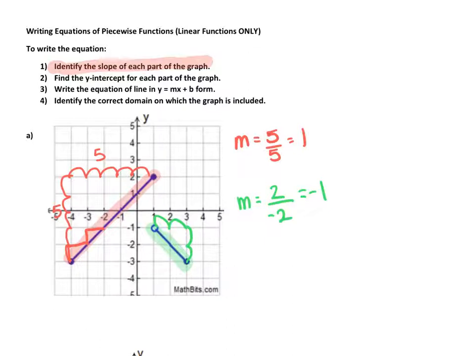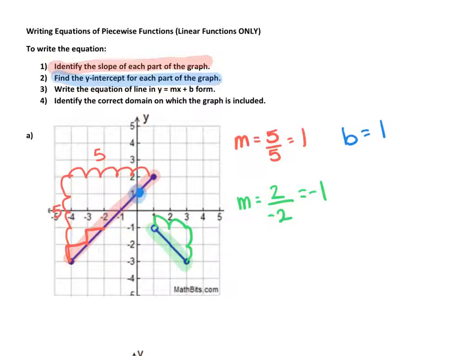Next step, after you do that, we're going to find our y-intercepts. We can see that the y-intercept of the red graph is at positive 1. So the b here is positive 1.